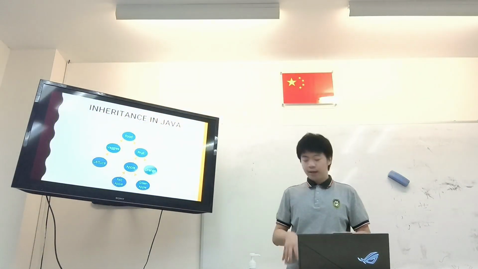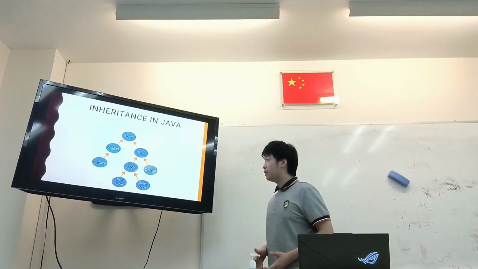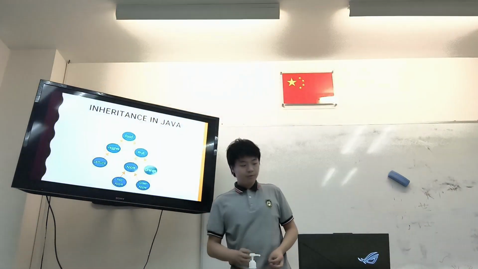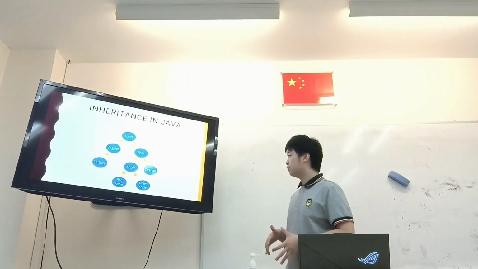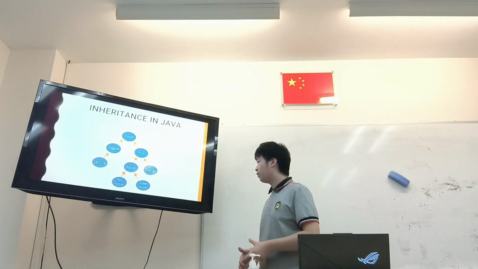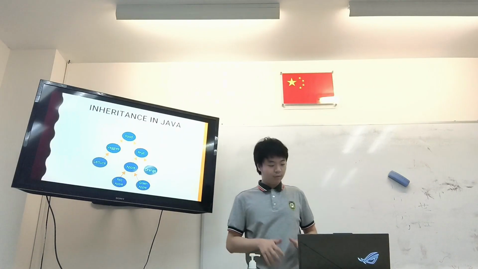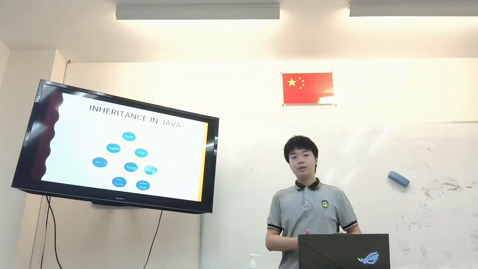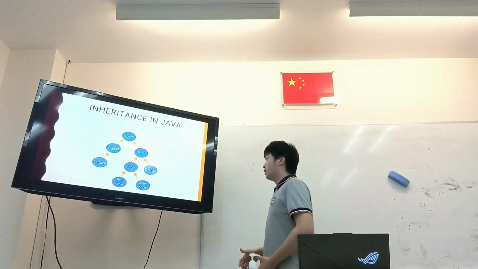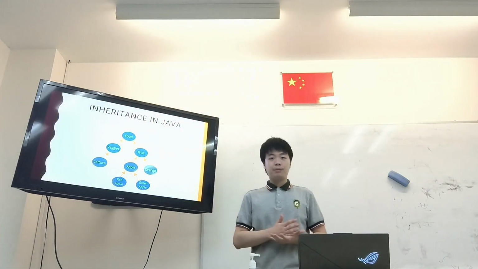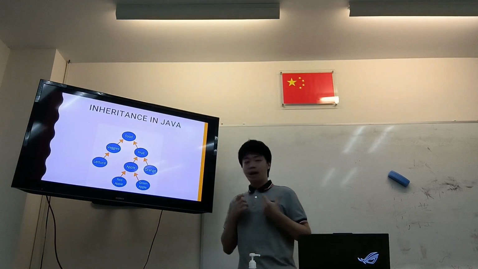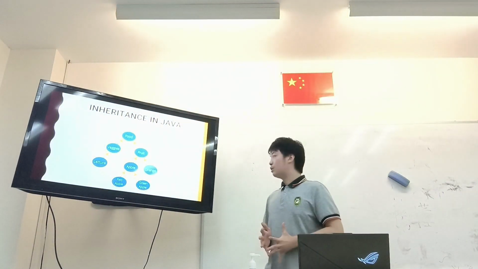So the red apple can inherit the getName method from the fruit class. So you can also use the getName method for the red apple class. But however, if you want to return the name of the red apple, you probably want to add a string apple subsequent to its name.